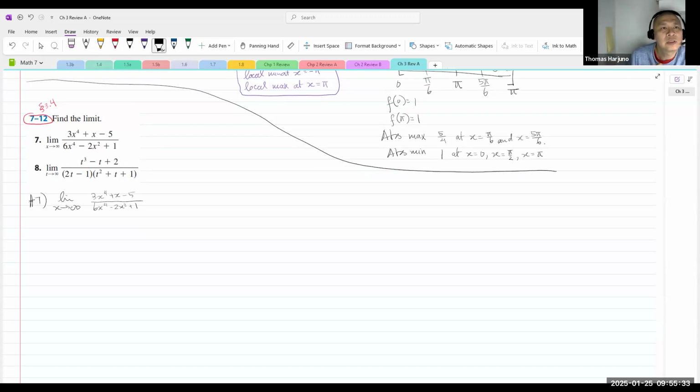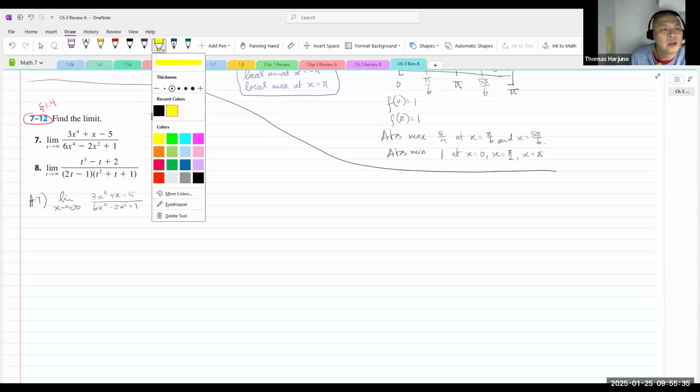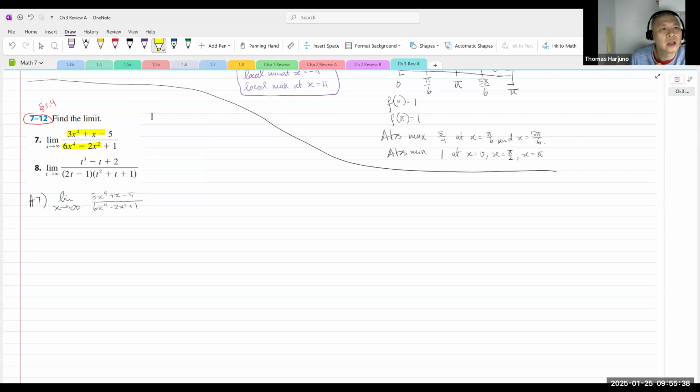And it was said that if the degree of the numerator and denominator are the same, then the horizontal asymptote, which is expressed by limit as x approaches infinity or negative infinity for a rational function, will be y equals the ratio of the leading coefficients, right? So we expect the answer here to be 1/2 later on.